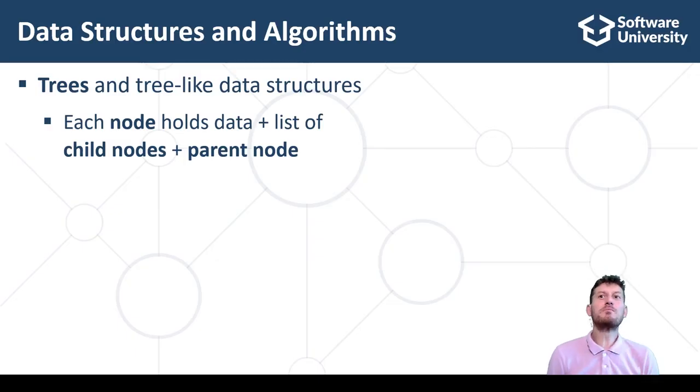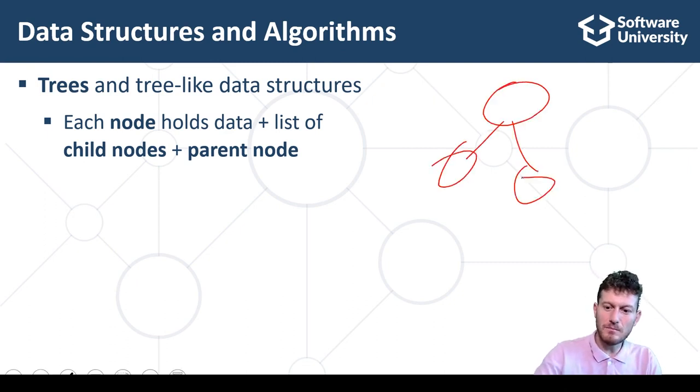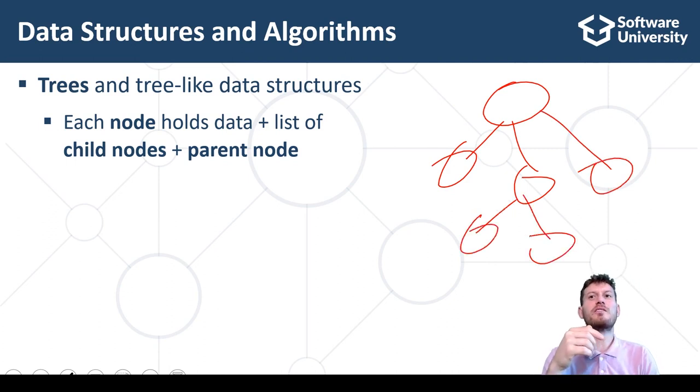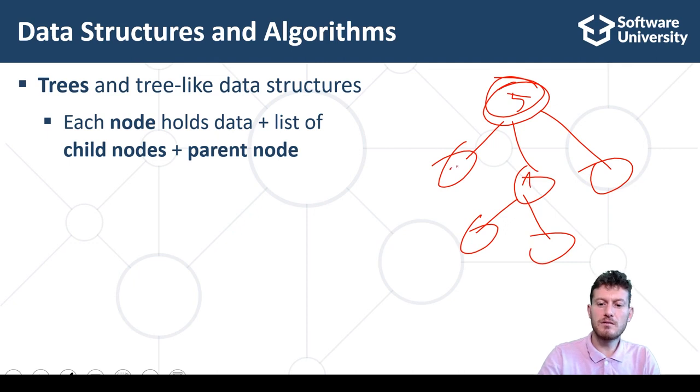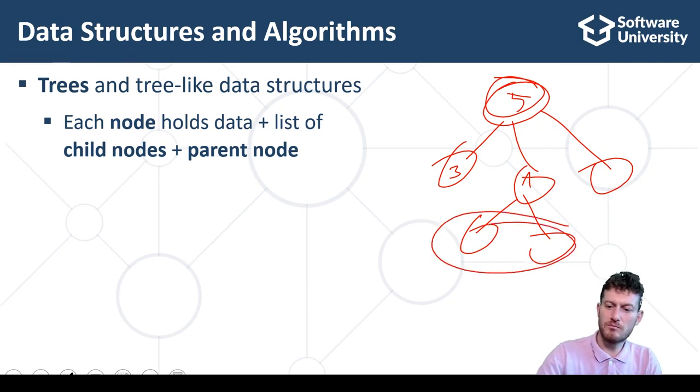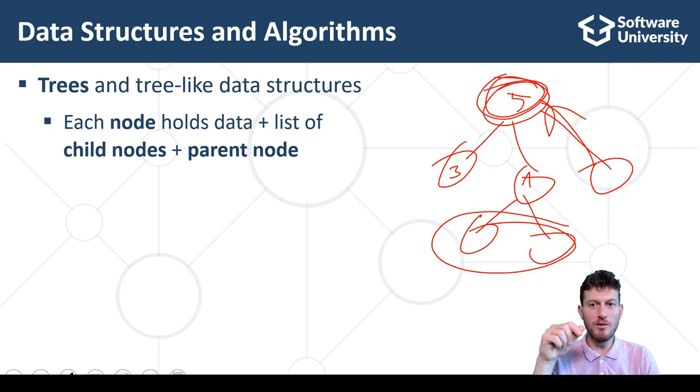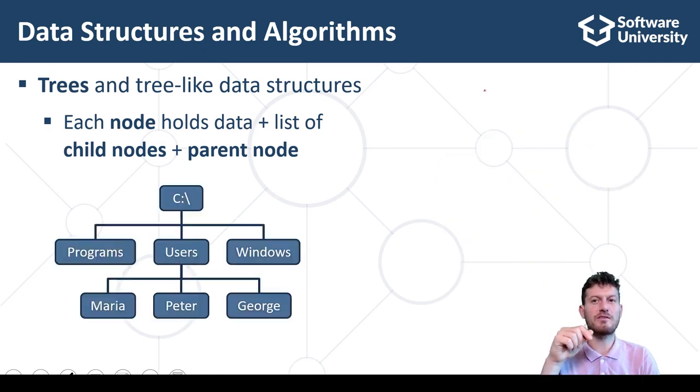In programming, sometimes we use more complex data structures like trees. Trees and tree-like data structures consist of nodes, where each node holds data and a list of child nodes and parent node. This example illustrates visually a tree.